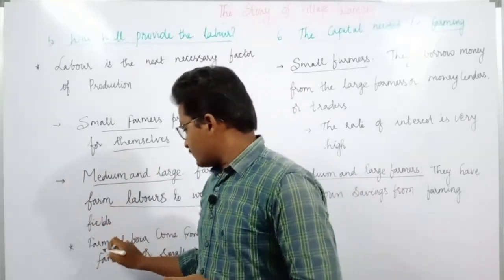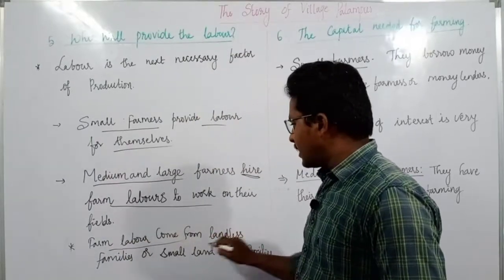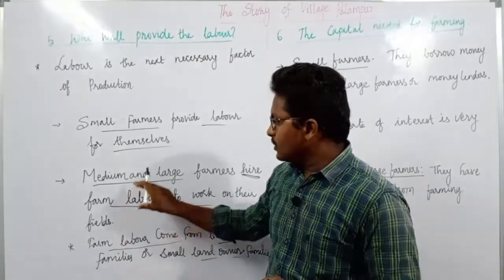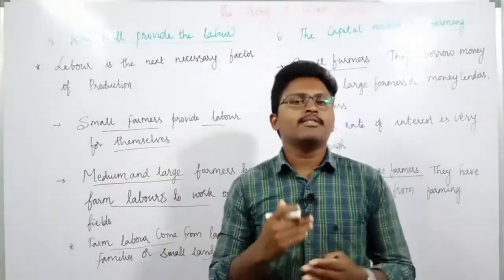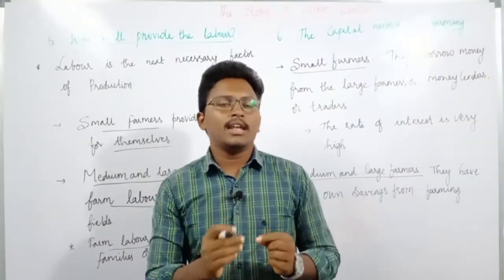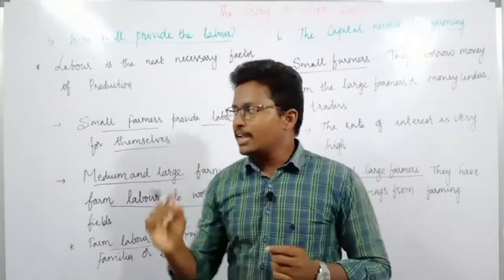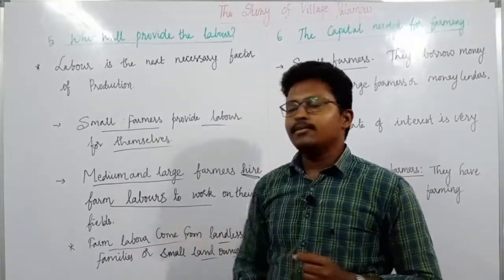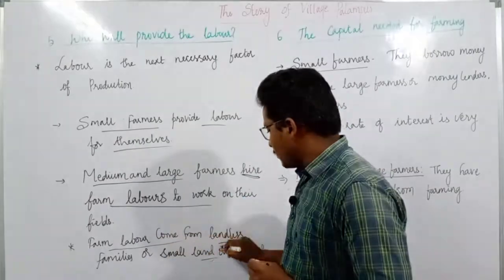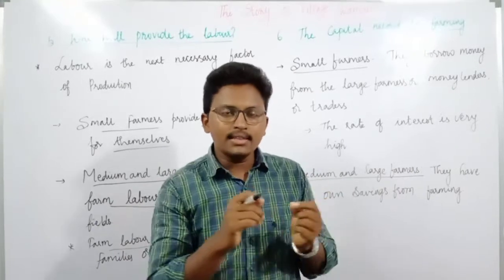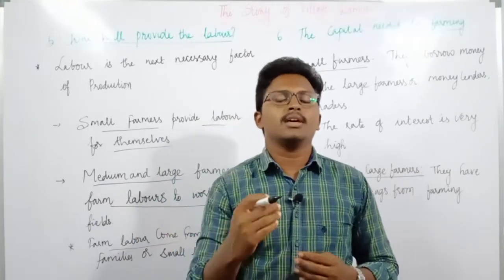This farm labor comes from landless families or small landowner families. As I have mentioned, medium and large farmers will arrange or hire labor to work on their fields, mainly landless labor or sometimes people from small landowners.